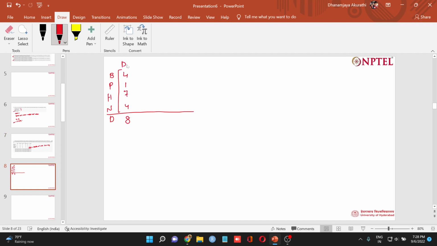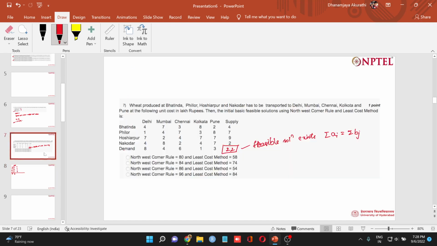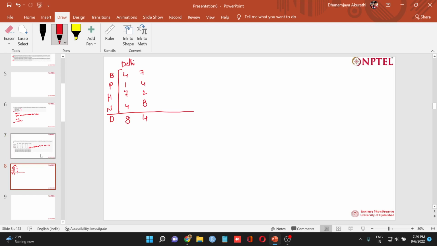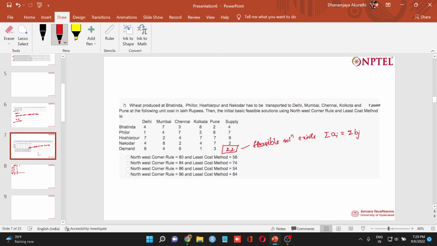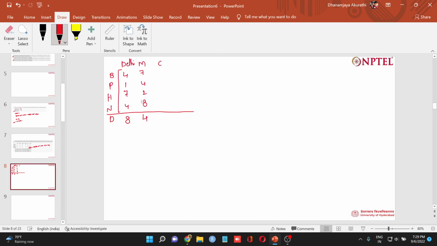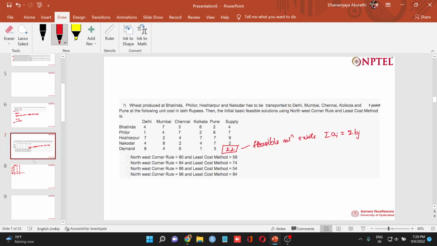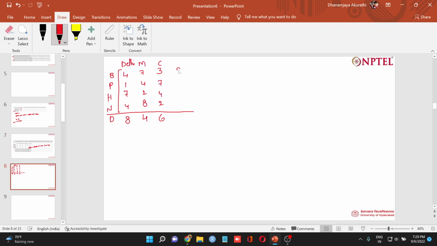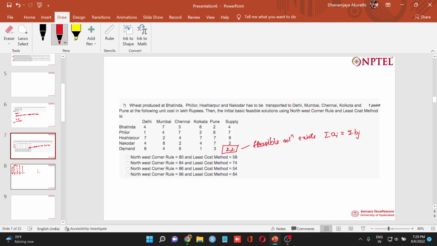This is for the state Delhi, which we can denote by D, and this is for Mumbai, and then the others: 3, 7, 4, 2, 6. You try to solve first, and I will explain again.